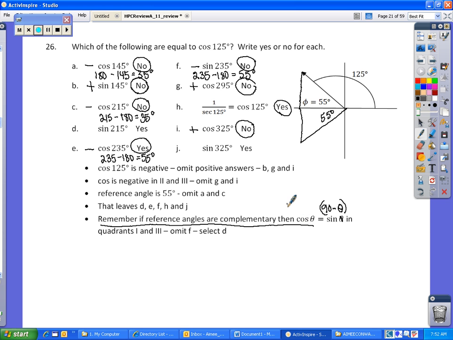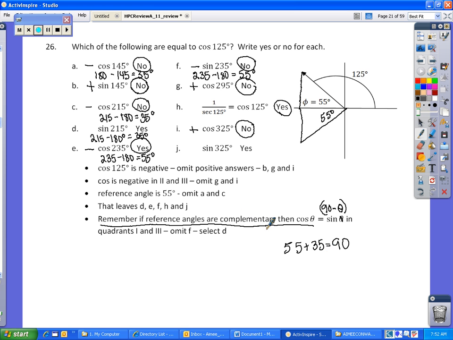So for example, in this case, sine of 215, if I find the reference angle, I get 35 degrees. Now, are 35 and 55 complementary angles? Well, 55 plus 35 is equal to 90. So therefore, yes, they are complements.